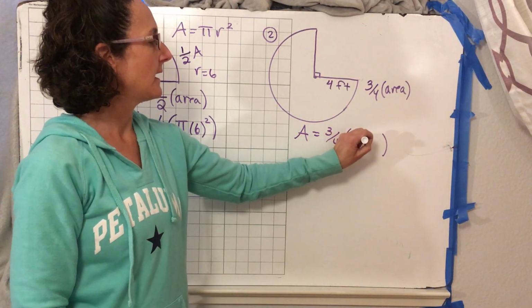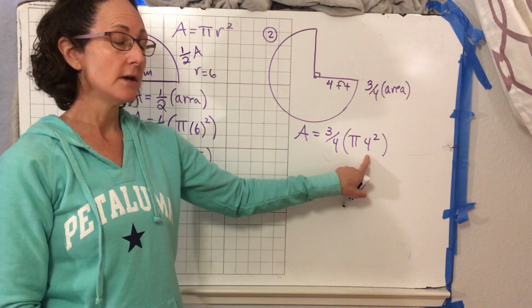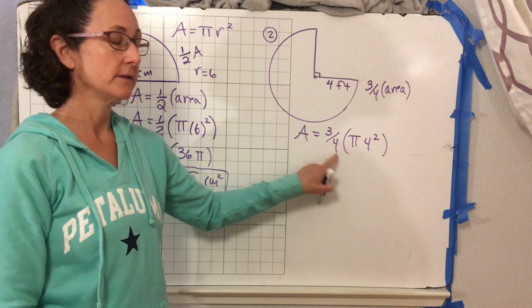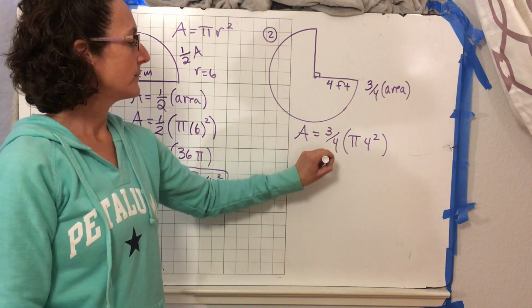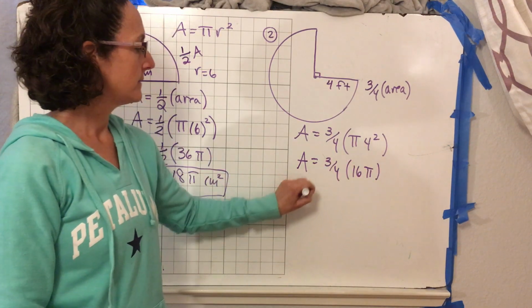Area of a circle is pi r squared. So this is the area of the whole circle. We want 3/4 of it, okay? So we get 3/4 of 16 pi.